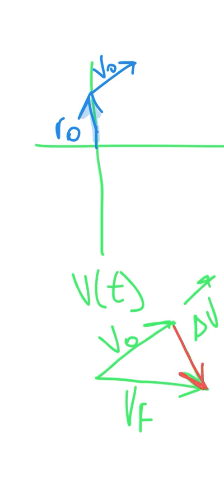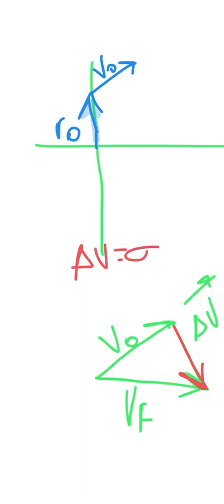And we can use this diagram to write an equation for the change in velocity. So using these vectors and this triangle that was formed, we can say that delta v is equal to a, the vector a, or acceleration, times delta t.